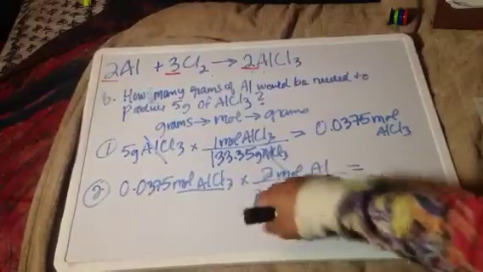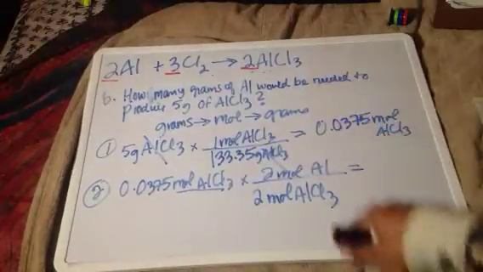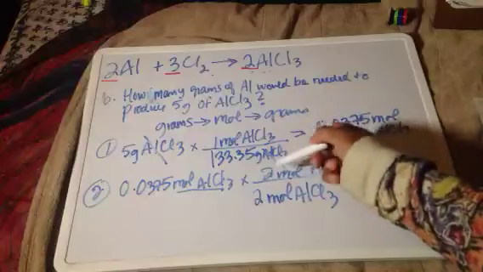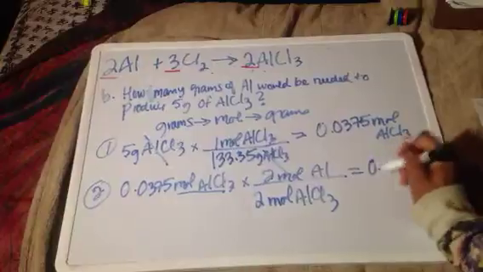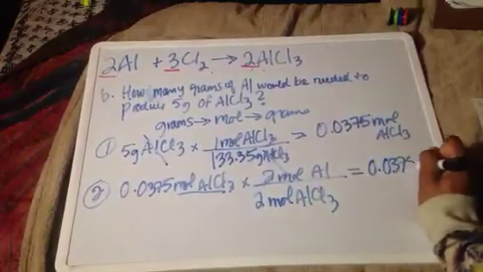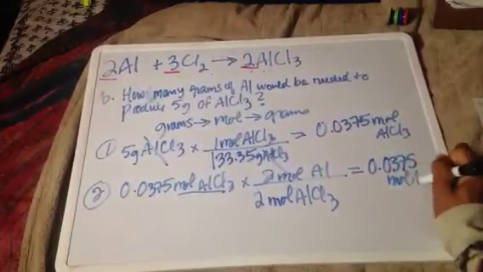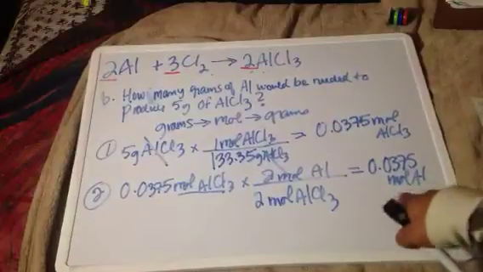Anything over itself is 1, so 2 over 2 is 1, and then we just have 0.0375 moles of aluminum.